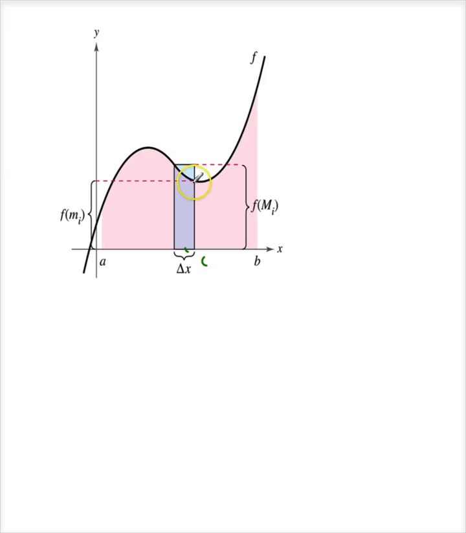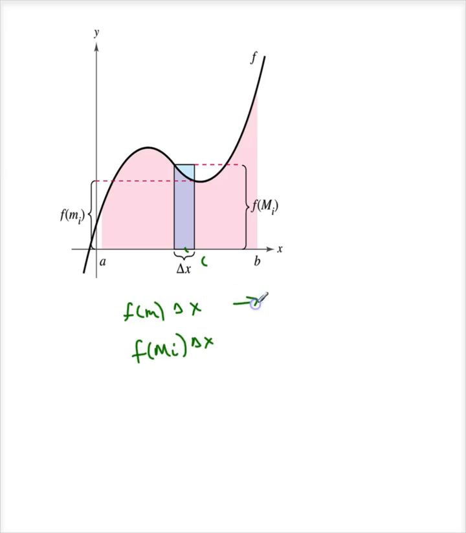So if I find the minimum area of this rectangle, that minimum area is going to be f of little m sub i, the minimum height, times delta x, while the maximum area of this rectangle is f of big M sub i times delta x.